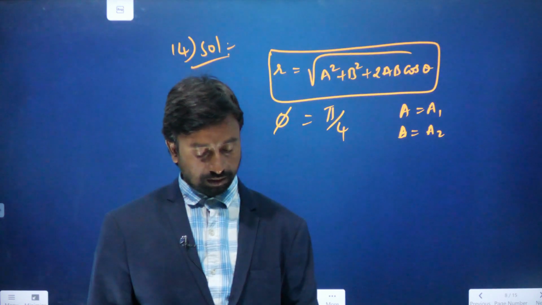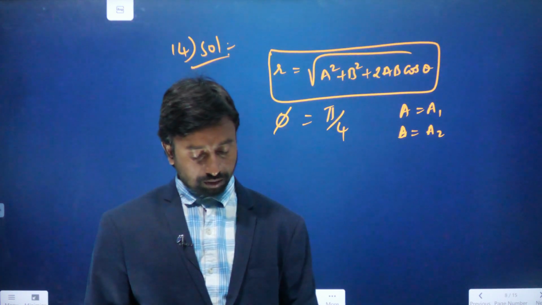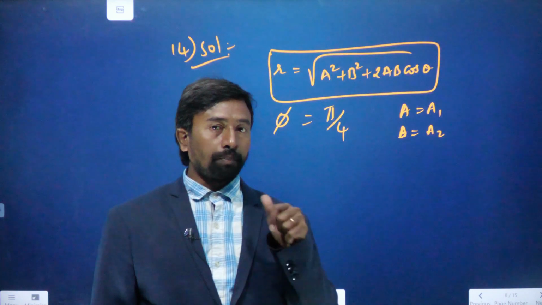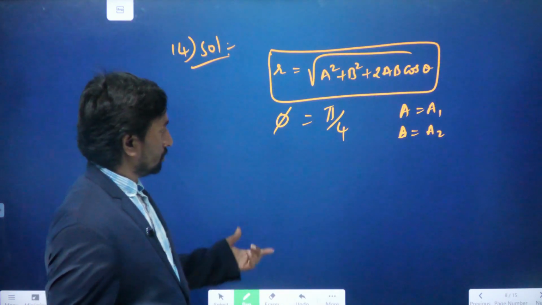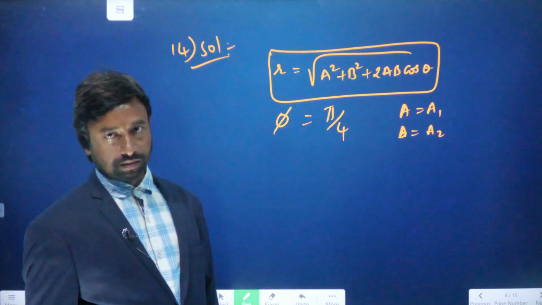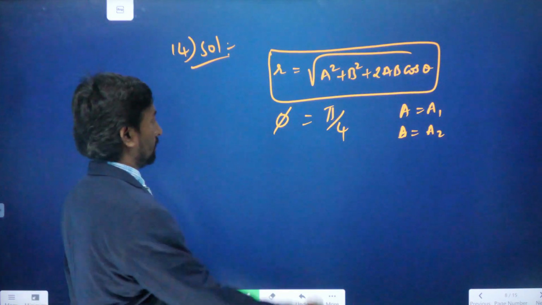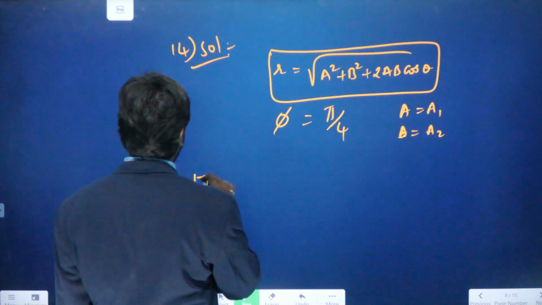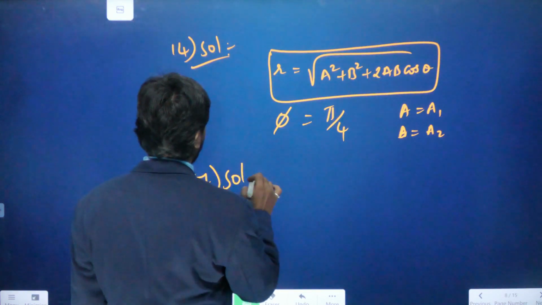Capital T is 8 seconds, which means it takes 8 seconds to complete one oscillation. So this is the 17th solution.